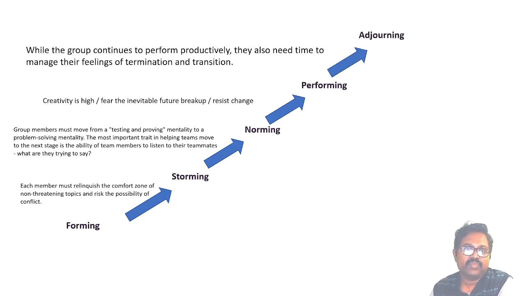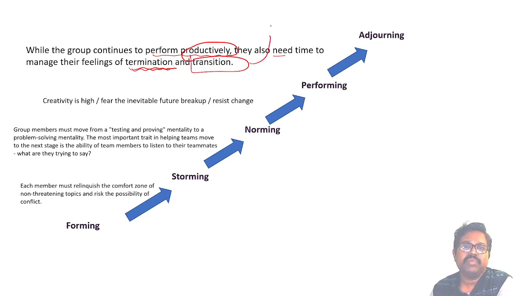It is a stage where, although the group is performing very productively, there comes a time where they need to manage their feelings in terms of termination of the group. So anyway, this group or team which is formed will be for a limited period of time, and the team members will get terminated, and there will be a transition stage.